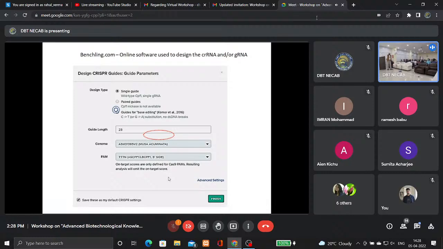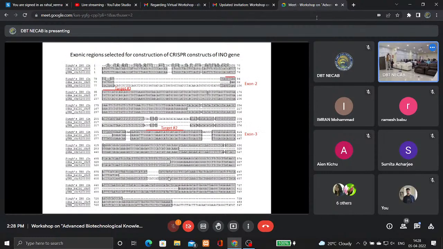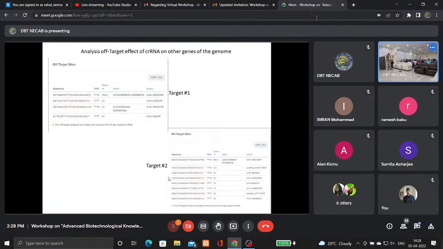So after doing this, it has shown me several guide RNAs, but there is one guide RNA, target 1, showing 100% knockout of the inner no outer gene, and if you see, it has a very low off-target effect, 0.1, very less.